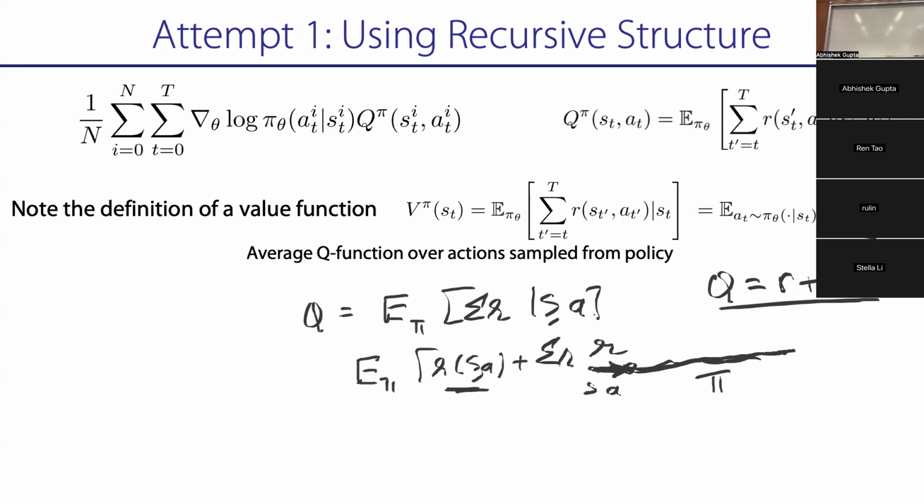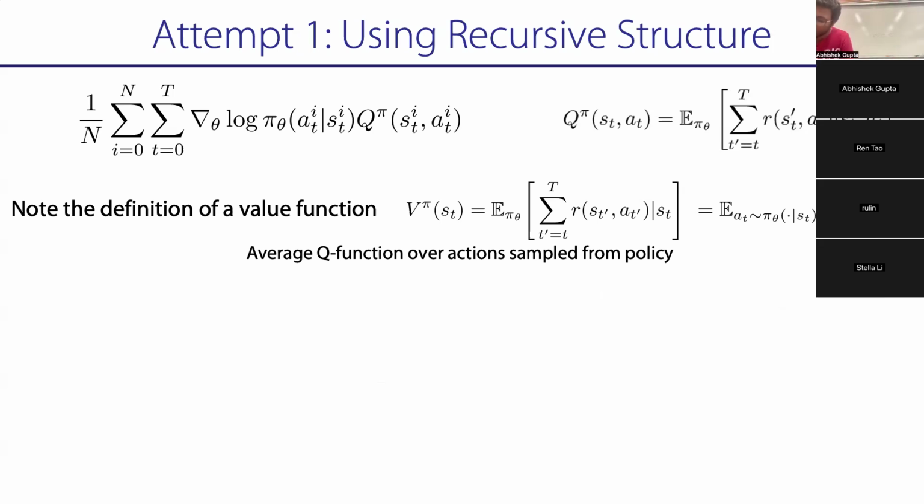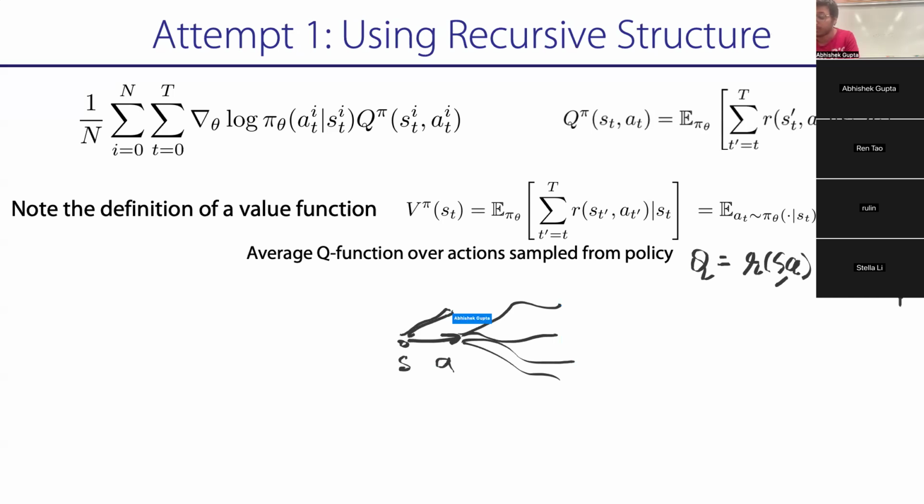And so your Q function is essentially your current reward plus gamma times the expected value in the future, where your next state is sampled according to the dynamics. At least let's start with that intuitively, and I'll work it out more formally. Intuitively, your Q value is saying you start at S, you take an action A, and then you follow the policy, right? And you can have many different future states that you reach, right?